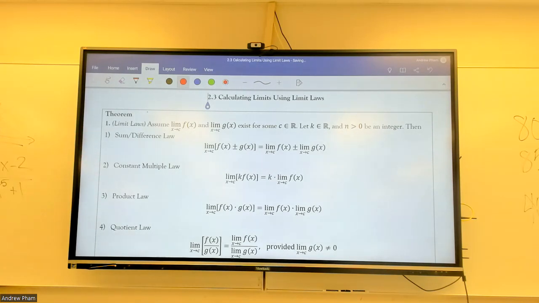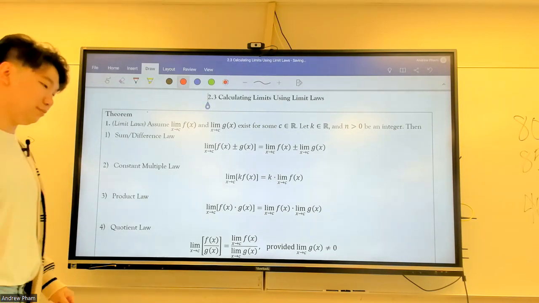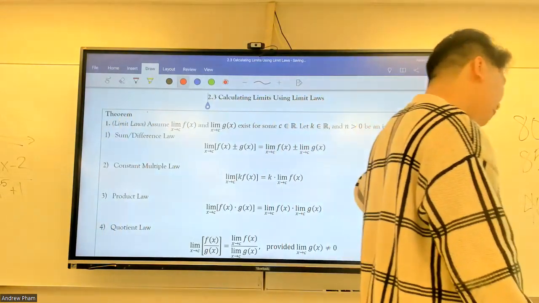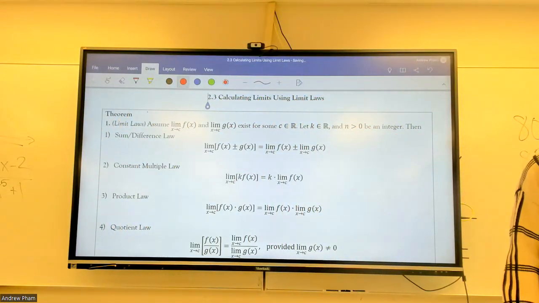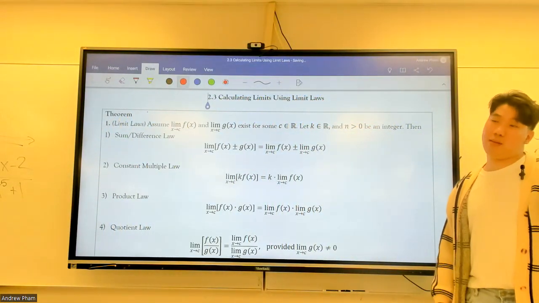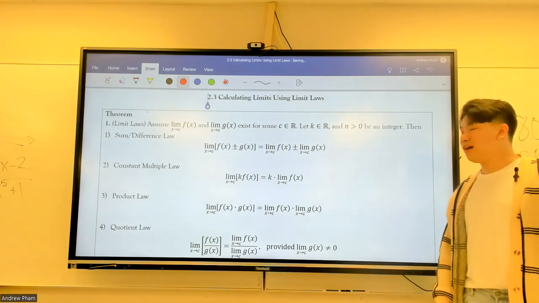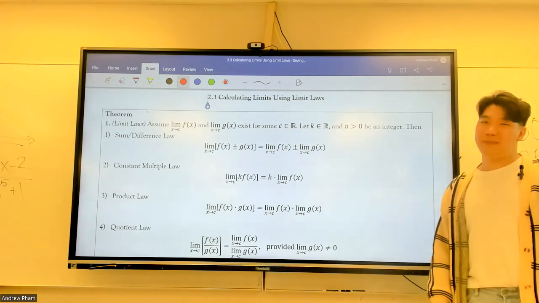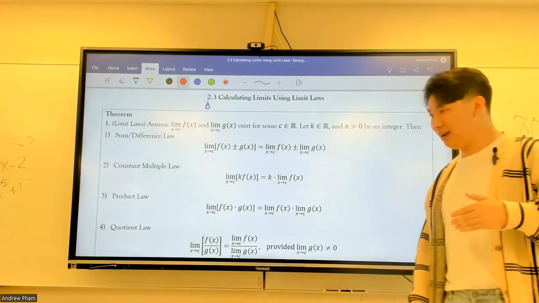It's just that we have all this foundational theory that we have to cover. I might write it on the board for the sake of notes, but when we start doing exams and such, it's not going to be very common that I'm making you write limit over and over and over again.